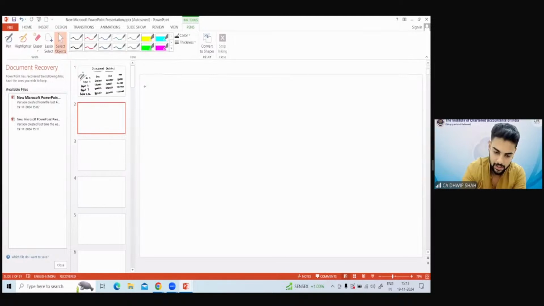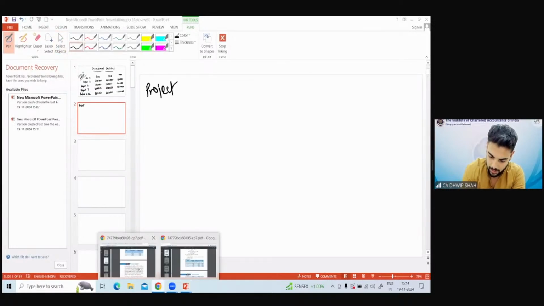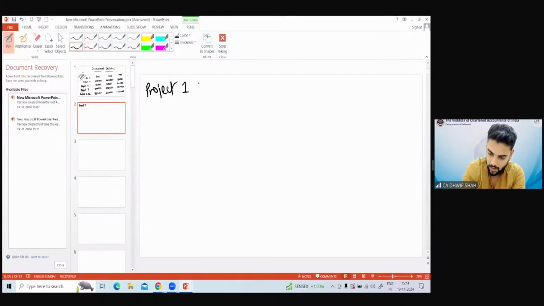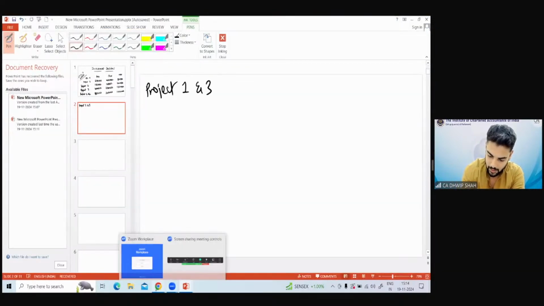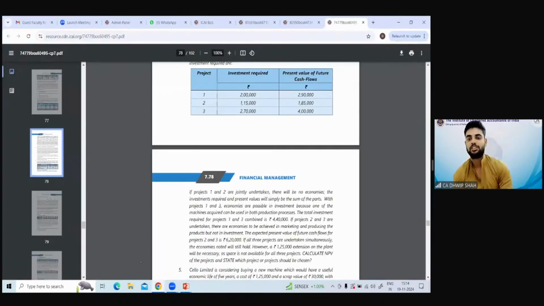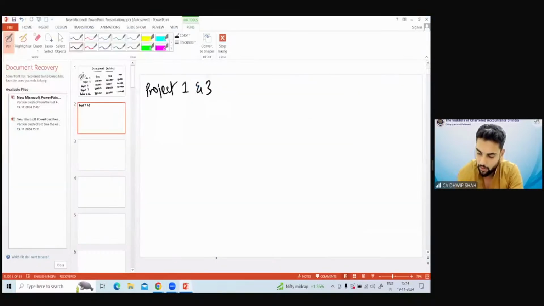Now if project 1 and 3 are taken together. When project 1 and 3 are taken together, the question says that there would be additional savings, but the additional savings would be in the investment part and not in PVCI. So when projects 1 and 3 are taken together, they have mentioned that my investment amount would be 440.